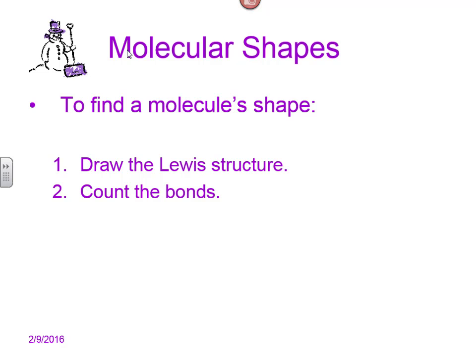The second thing that you have to do, and this is, again, regardless of if you have a flat picture or a three-dimensional model, is count the number of bonds that you have.